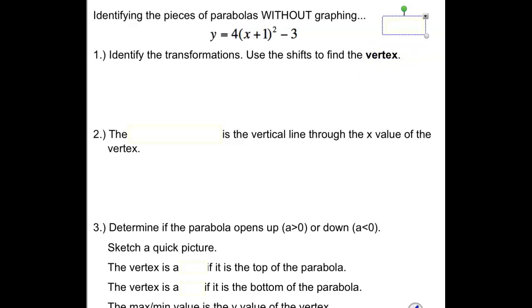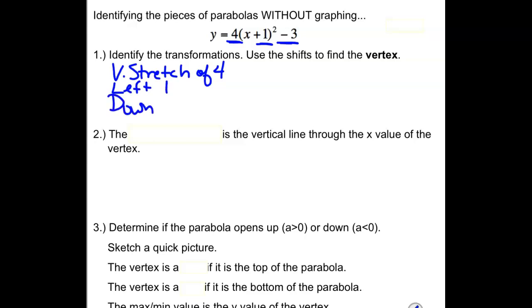So in my example here, I have a 4 in front. That's going to be a vertical stretch of 4. And then I've shifted it to the left 1 and down 3. So if you can picture taking your parabola from the origin and stretching it, the vertex being at the origin, stretching 0 is still 0.